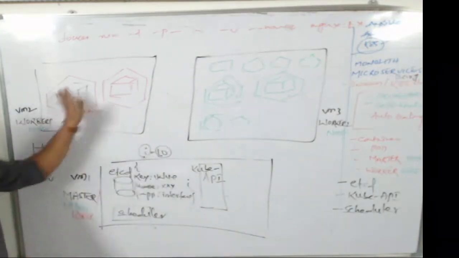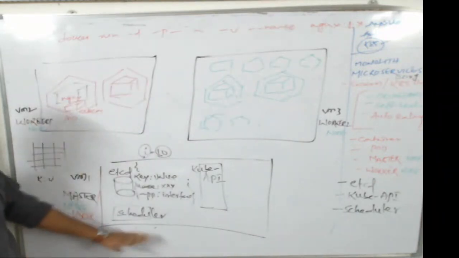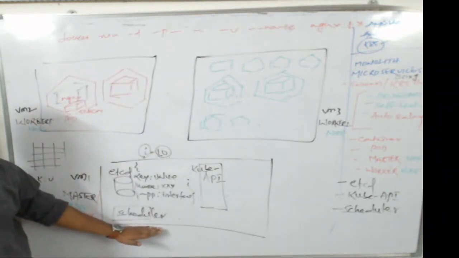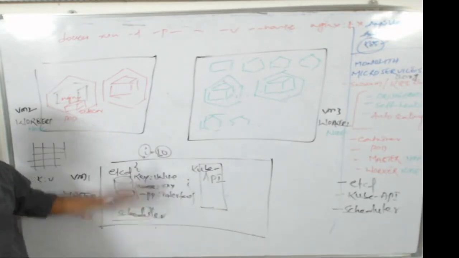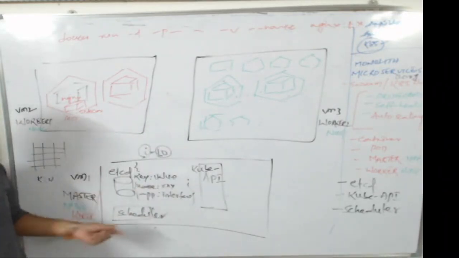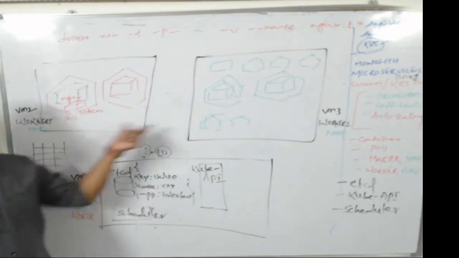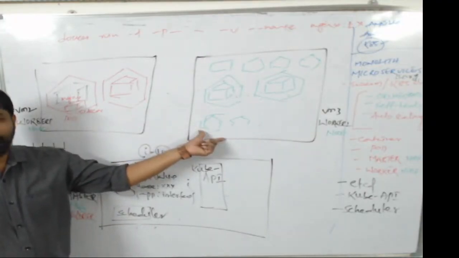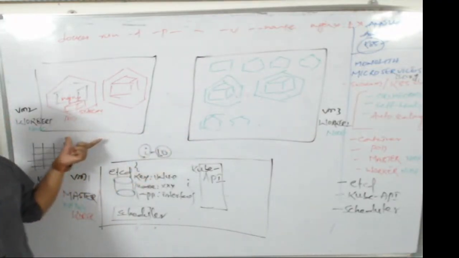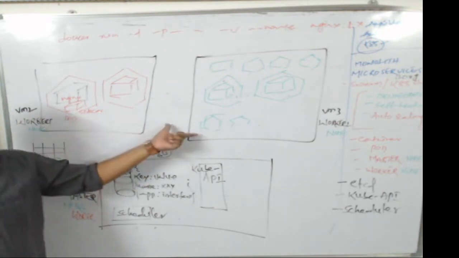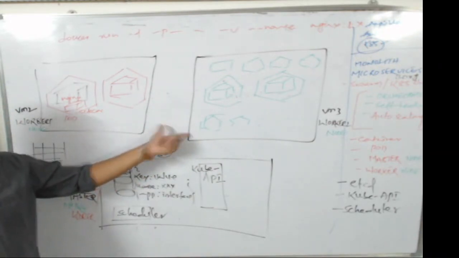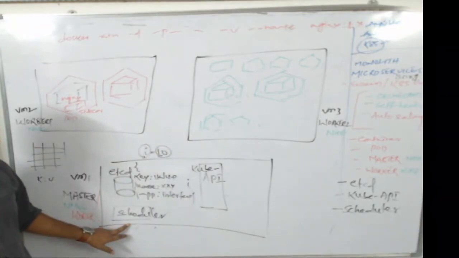Let's say you want 10 pods of interface. It's the scheduler who schedules those 10 pods on the nodes. Now the scheduler decides which nodes are available, which nodes are not available, which nodes can take more pods, which nodes cannot take more pods. All that is managed by the scheduler.